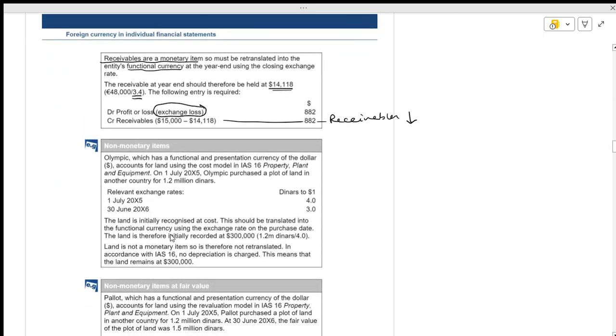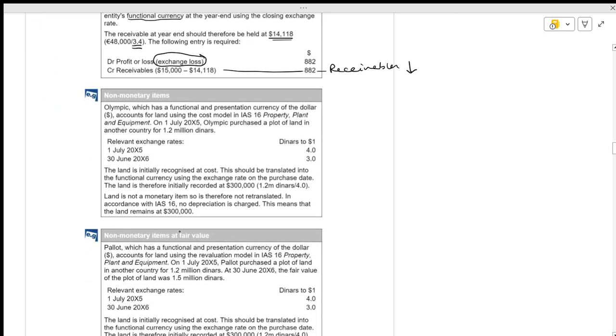With respect to non-monetary items, Olympic has a functional and presentation currency of the dollar. Using the cost model of IAS property, plant and equipment, they have purchased a plot of land in another country for 1.2 million dinars. They have given the exchange rate dinars to dollar.